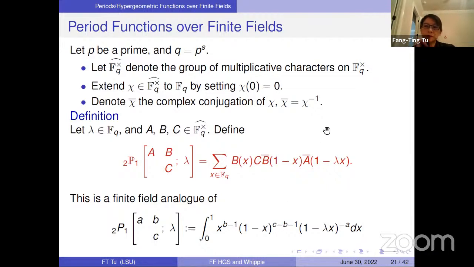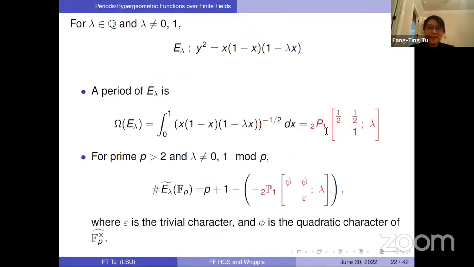Yeah, so back to our Legendre curve case. In our notation now, the 2P1 is the period of the Legendre curve, and the finite field 2P1 gives us the trace of Frobenius. So you can see here, the phi, again the quadratic character, is the finite field analogue of the integer 1/2, the half integer.